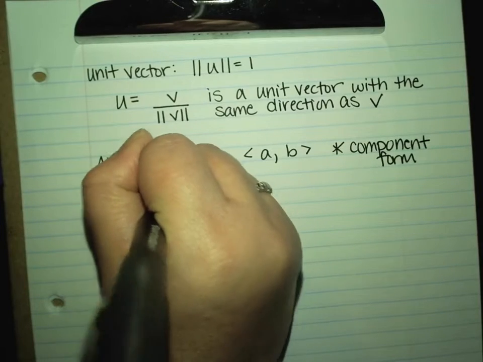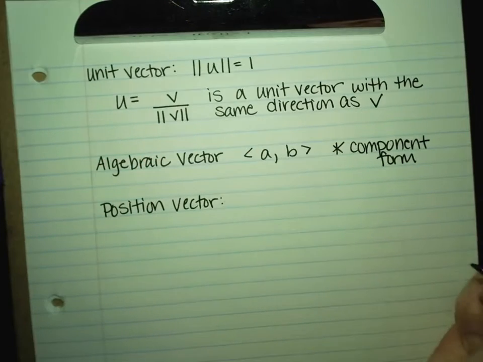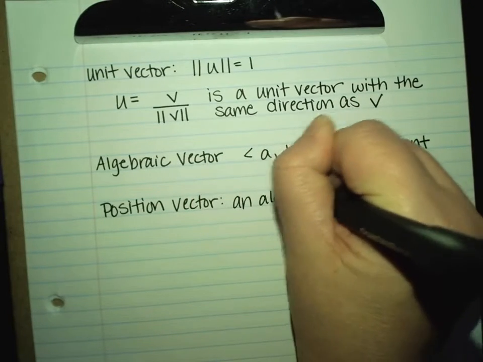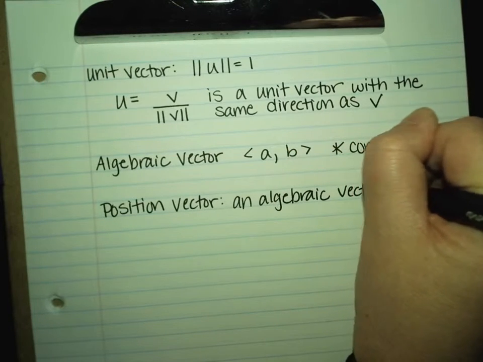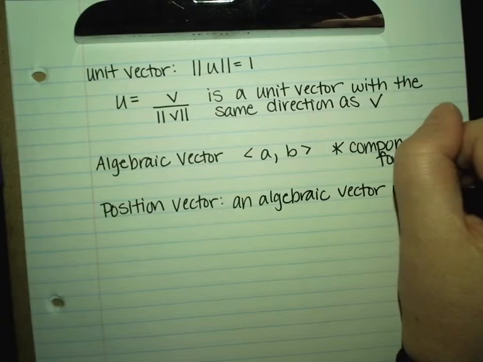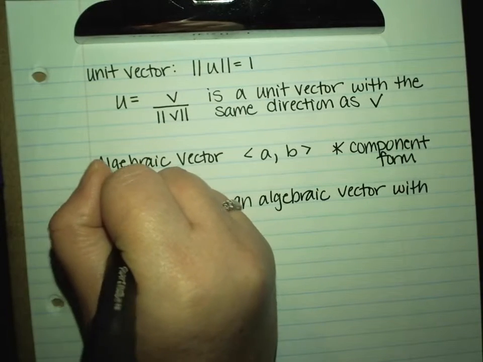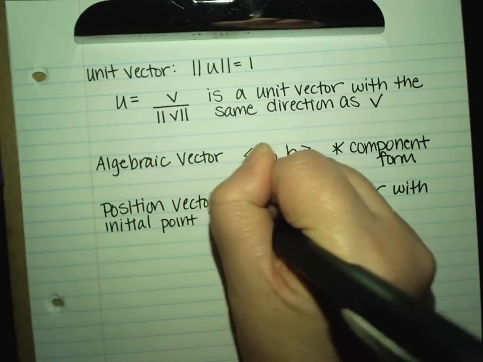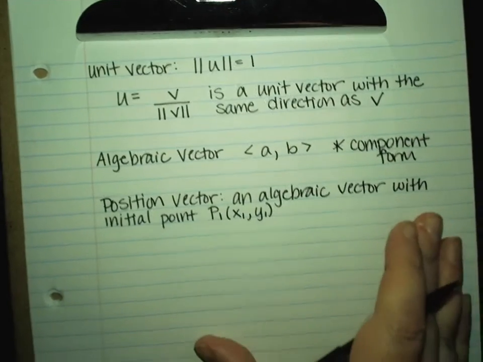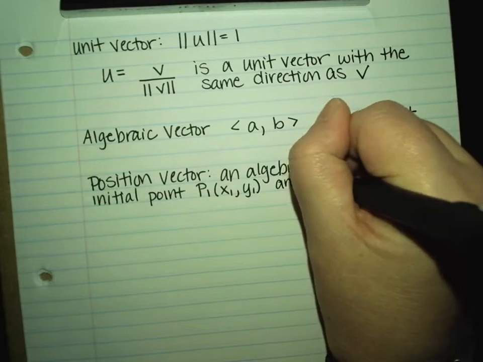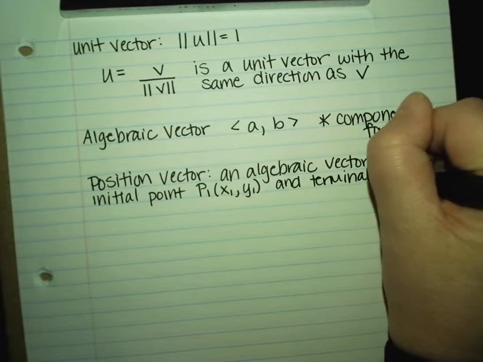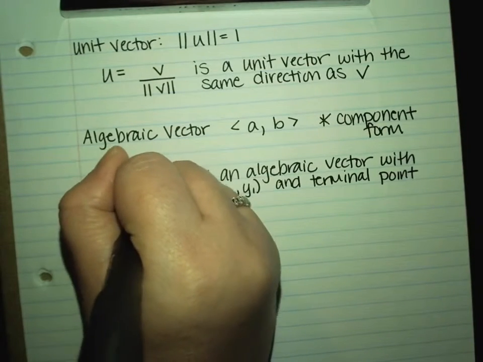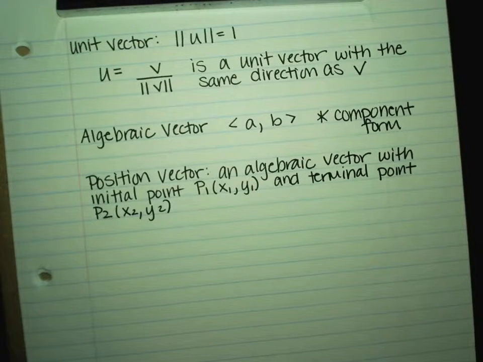A position vector is an algebraic vector with initial point P sub 1 with an ordered pair of x1, y1, and terminal point P sub 2 of an ordered pair x2, y2.